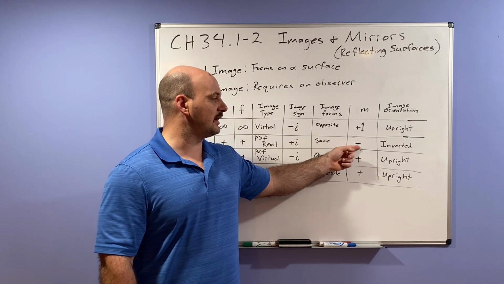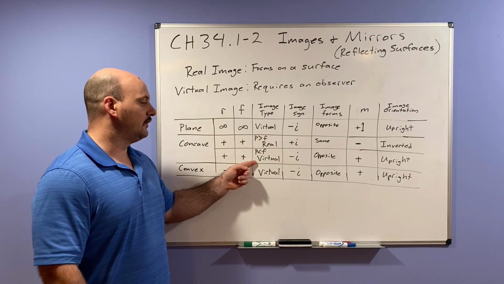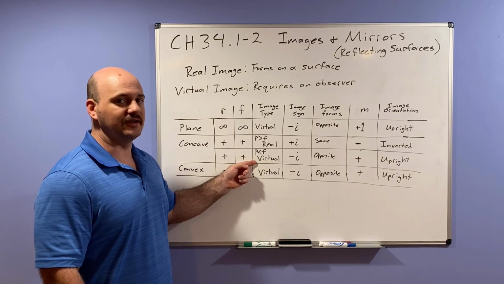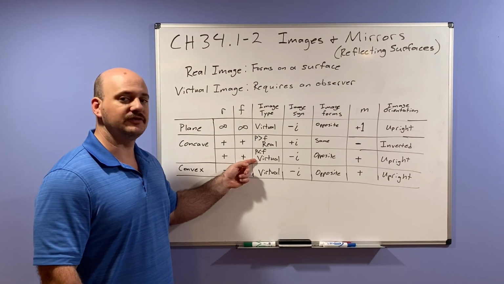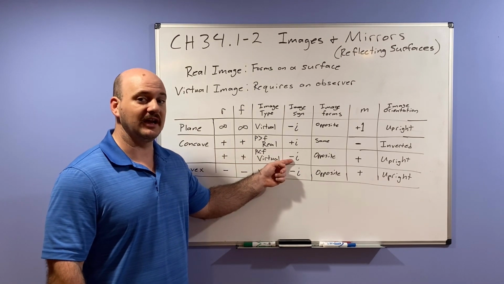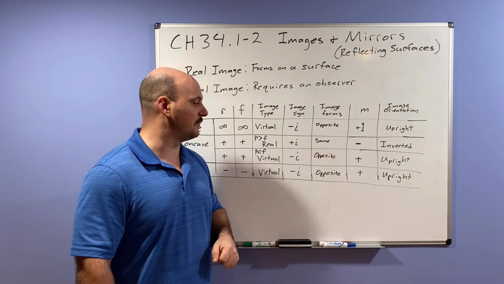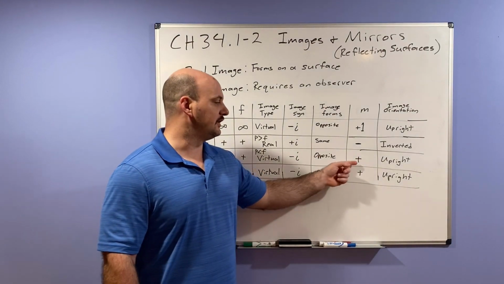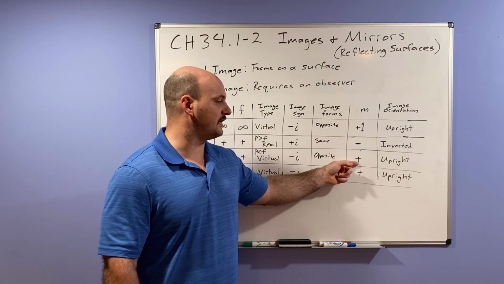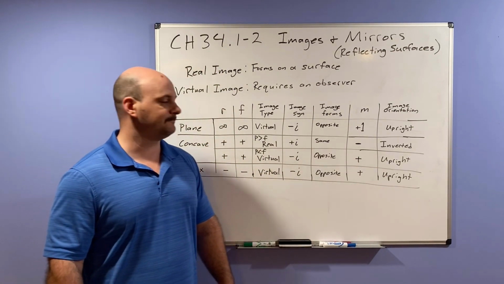It has a negative magnification, which means it will be inverted. However, if the object distance is less than the focal length, then the image formed by the concave mirror will be virtual, which is associated with a negative image distance, and it forms on the opposite side of the mirror from the object. The magnification will be positive, and thus it will be an upright image.